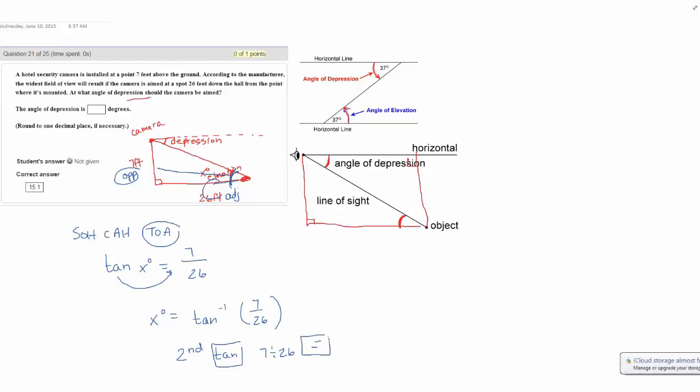And that is going to give you 15.1 degrees. They want you to round that to the nearest tenth. So 15.1 degrees is, in this diagram, the angle of elevation, which is equivalent out here to the angle of depression.